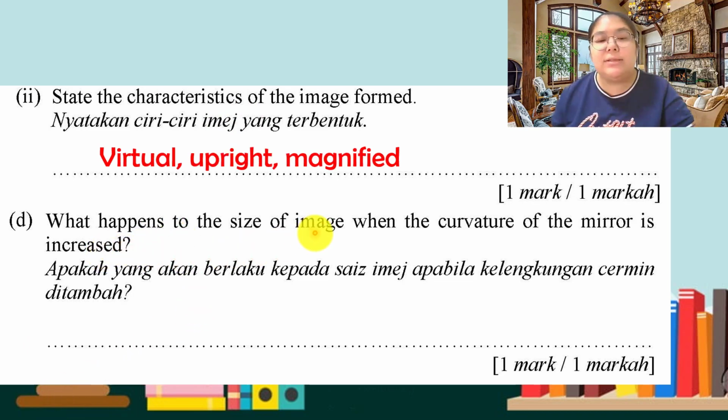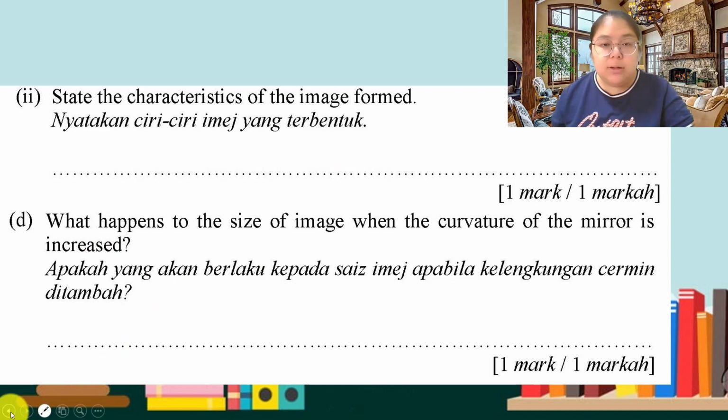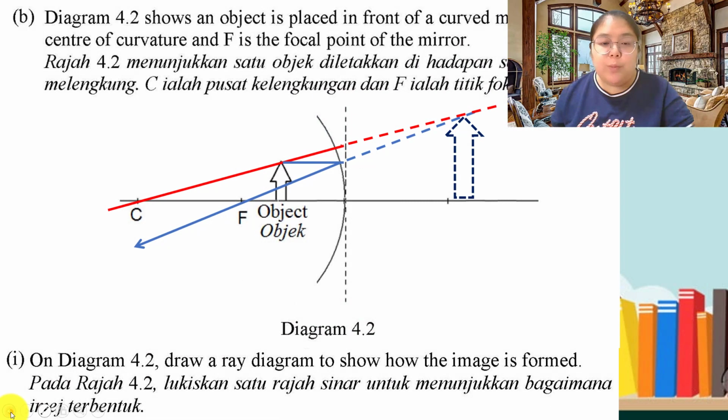What happens to the size of the image when the curvature of the mirror is increased? I show you the diagram. When the curvature increases, the focal length becomes shorter. Curvature increase means the power is higher, and higher power means the focal point will be shorter.